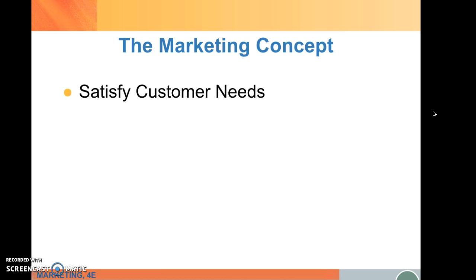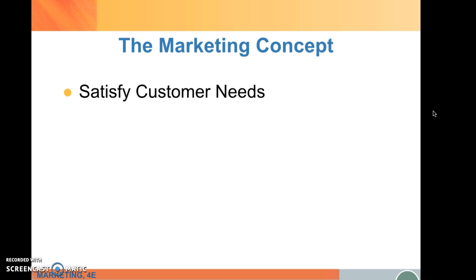So the most successful businesses consider customers' needs and work to satisfy those needs as they produce and market their products and services. So the marketing concept is using the needs of customers as the primary focus during the planning, production, pricing, distribution, and promotion of that product or service.